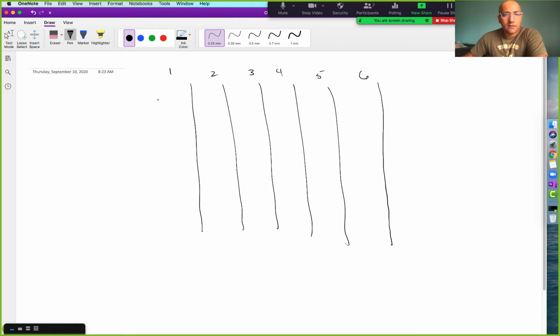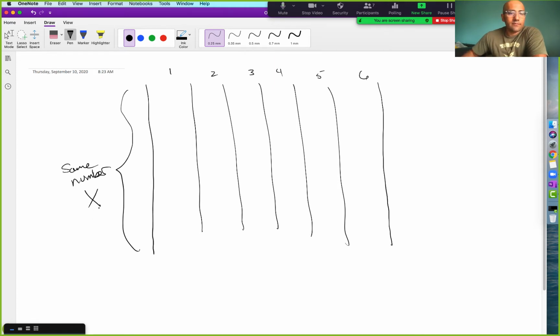And then in each column, going down this way, I'm going to have some number. Should we use good old X?